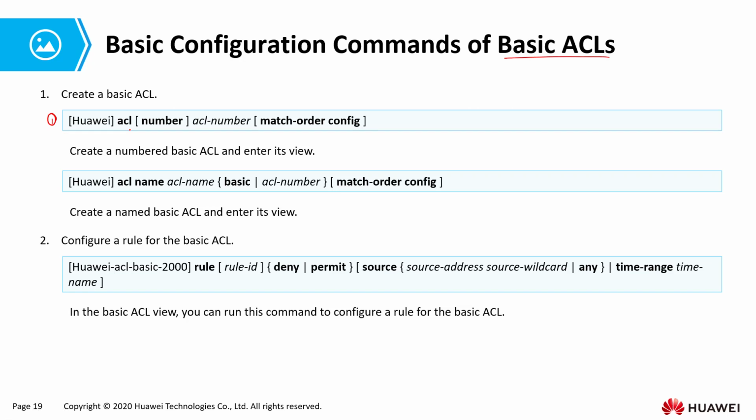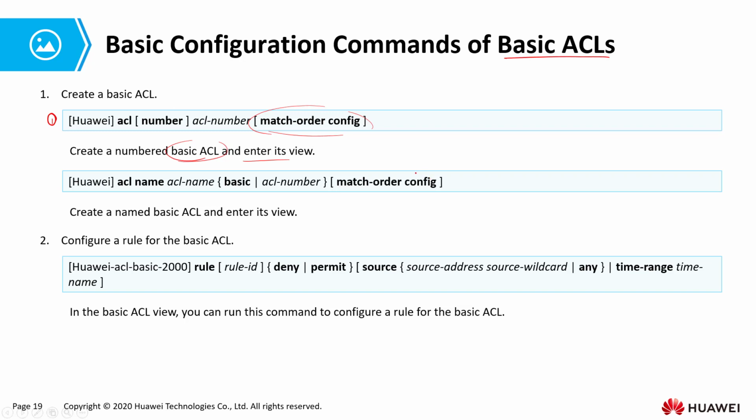We'll use the command acl and specify the ACL number, or we'll say acl number and then we write the ACL number, and sometimes you want to specify the match order as config or auto. That creates the numbered basic ACL, and it gets us into the ACL view.